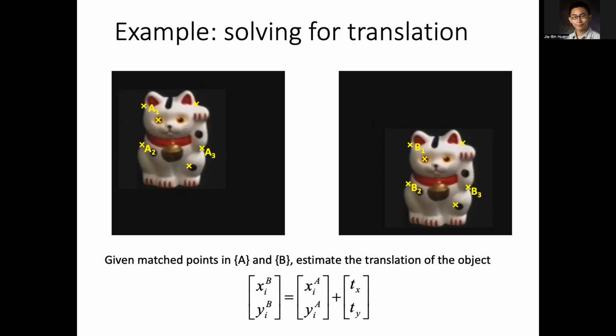What kind of method will you try? If you just take one corresponding matching point in image A and image B, you can subtract them and get an estimate. But the problem is that this comes from just one correspondence. Now I have 5 correspondences. What will we do?